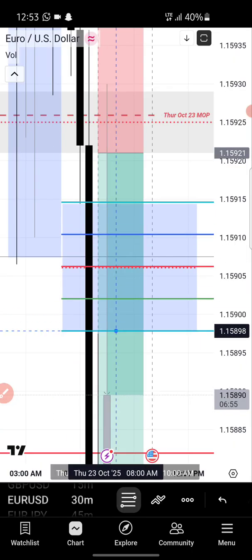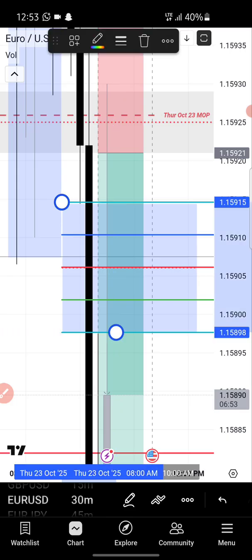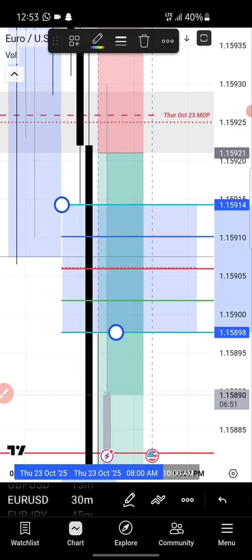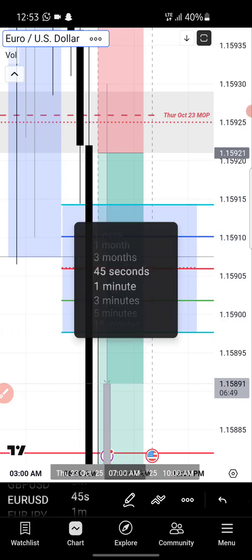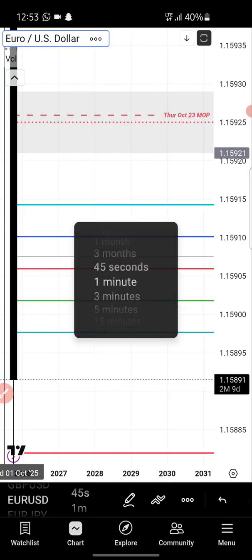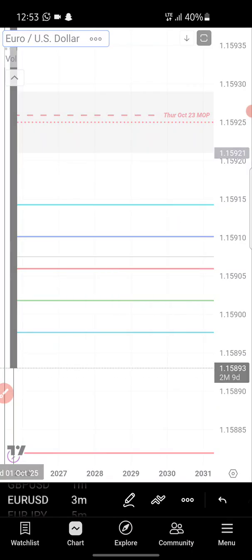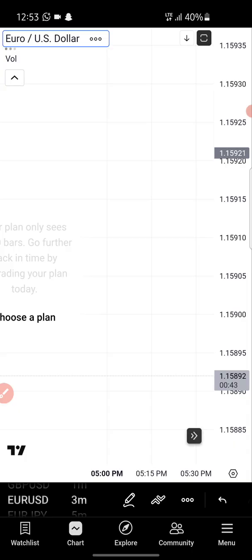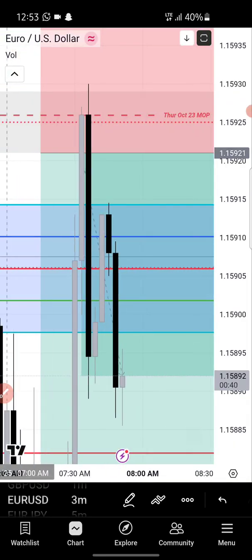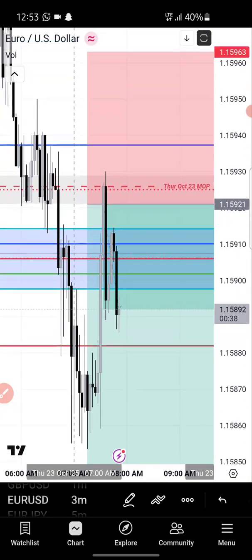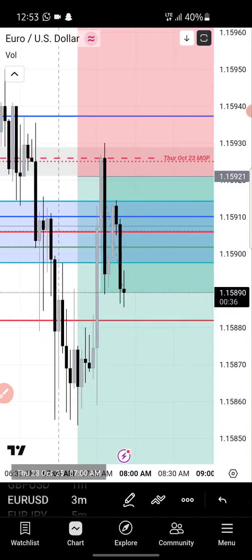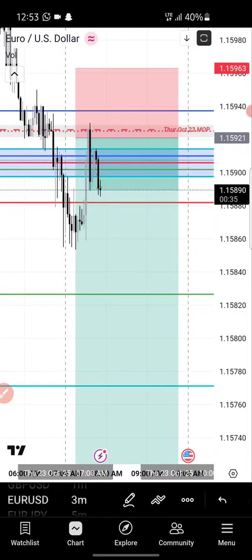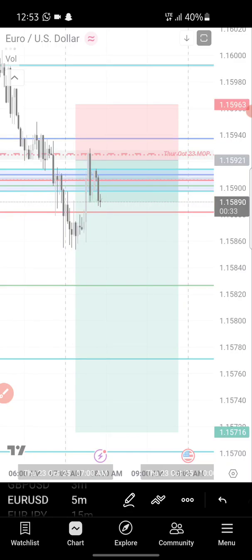Then if we are able to grade this fair value gap on the 30 minutes time frame, this is what is going to happen. So that is what we have right here. Like the 5 minutes time frame more.